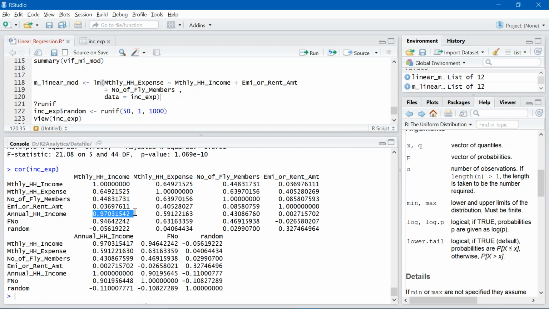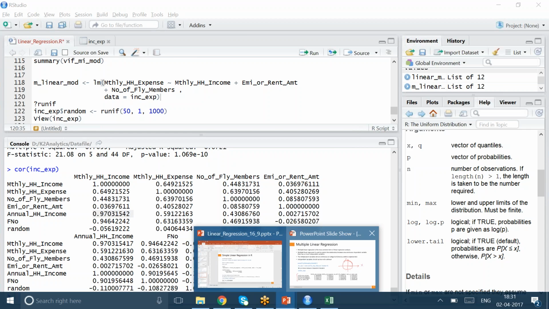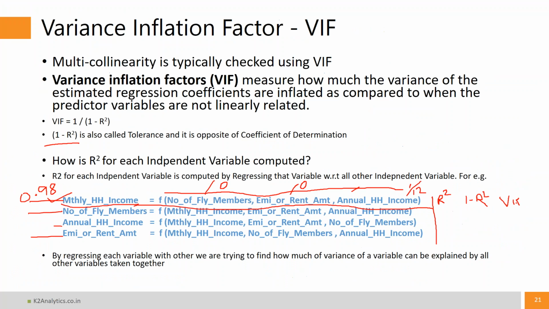Are you going to write your own equations? What VIF is doing internally, VIF is trying all combinations, taking one independent variable, making it dependent, and then regressing it on all the others.